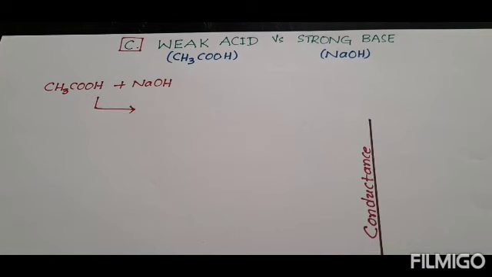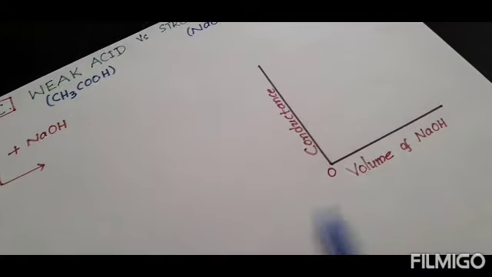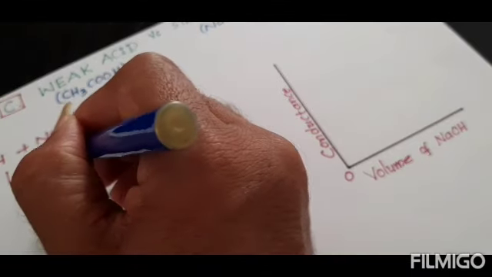This is weak acid versus a strong base. Taking weak acid versus strong base, here the weak acid I have taken is CH3COOH. So what is the reaction going on between these?